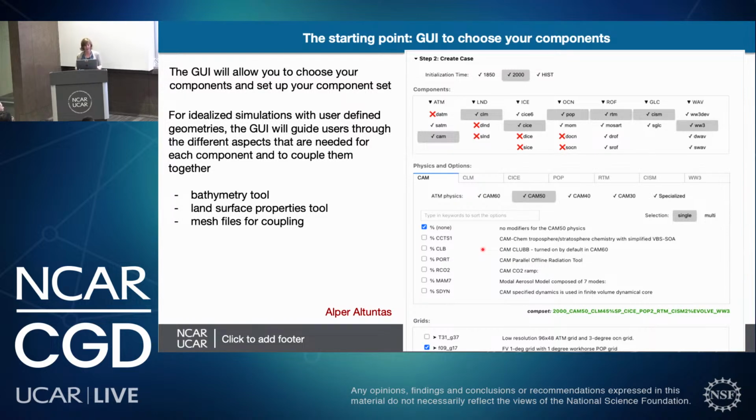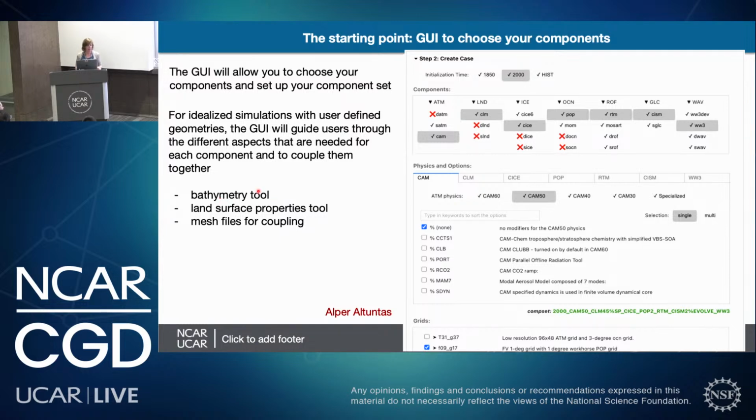So the starting point is going to be this GUI, which you may find useful just in general. It doesn't have to be for simplified models, where you can pick the different components you want to use, and then it'll tell you, are they compatible? It will also guide you through the setup of idealized configurations. It'll guide you to a bathymetry tool and how to use that, where you can say, this is how I want my ocean geometries to look.